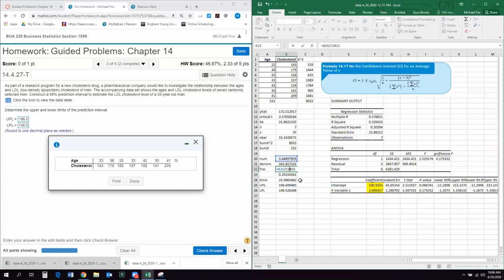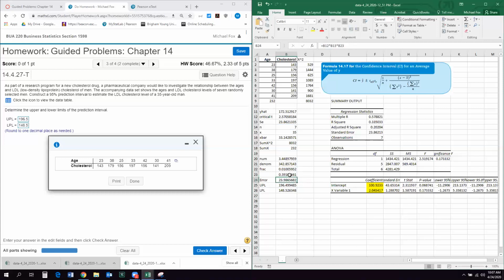Oh crap. Oh, what did I just do? And then that should be the square root of 1 over n plus the fraction.